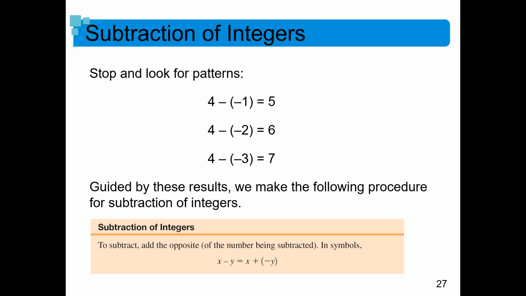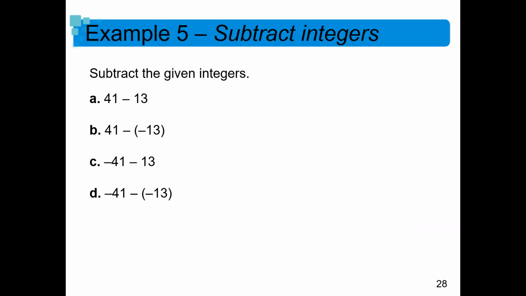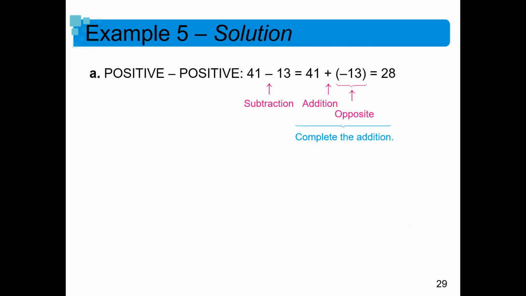So when you're subtracting, it's the same as adding the opposite of the second number, or the number being subtracted. For example, 41 minus 13, right? 41 minus 13 is just equal to 41 plus negative 13.